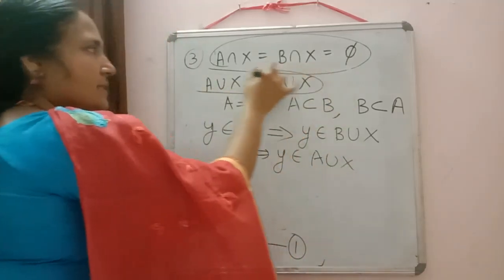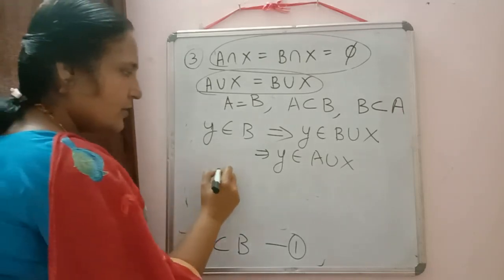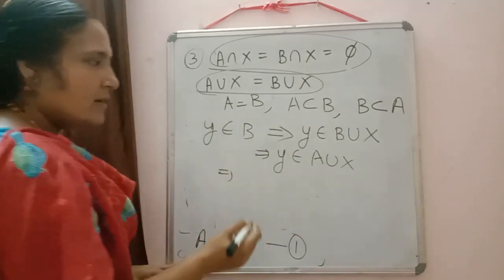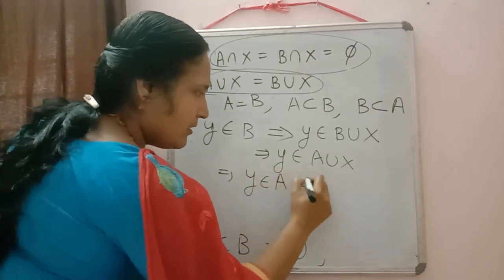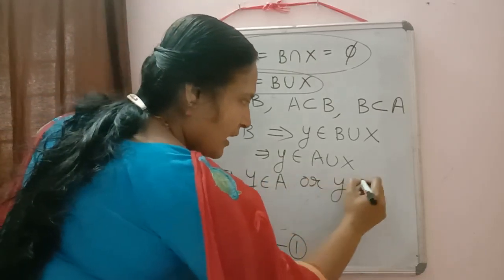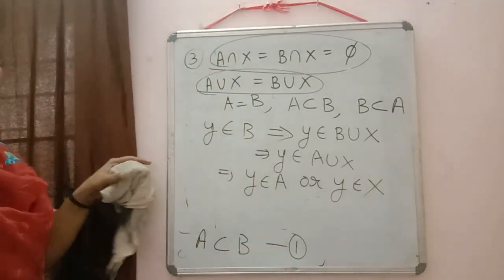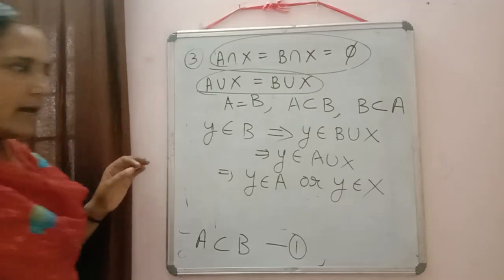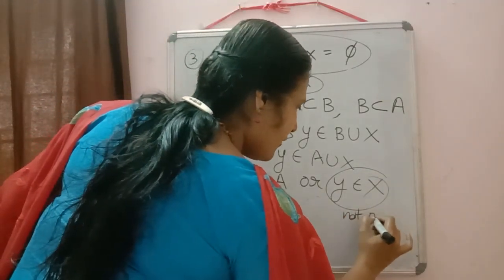Because this information is there. A union X equal to B union X. Two sets are equal. Now from here again two possibilities will be there. y belongs to A or y belongs to X. So which condition is not possible? Yes, this condition is not possible. Why not possible?